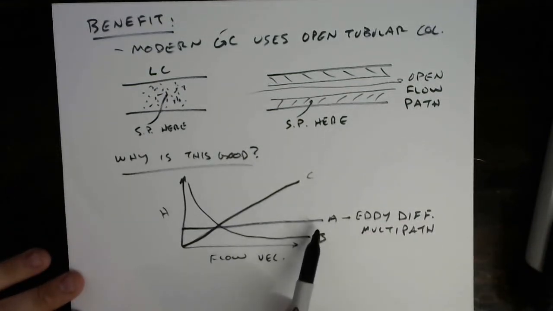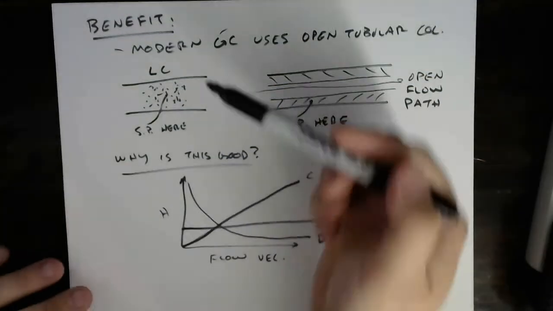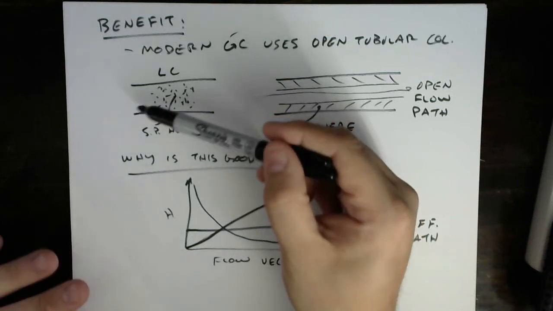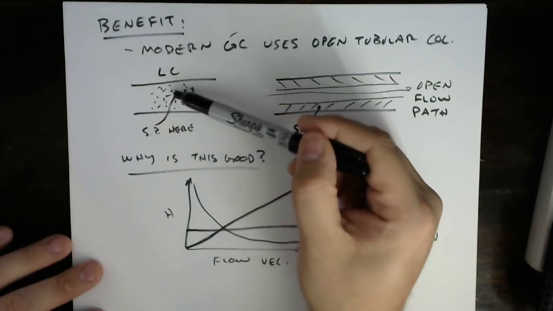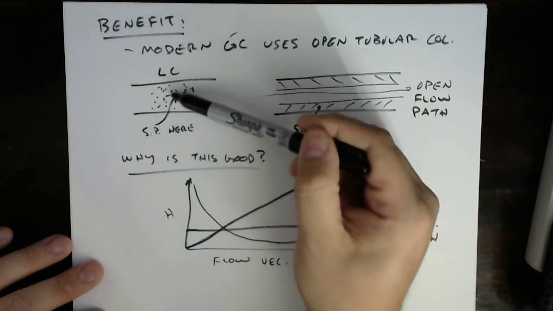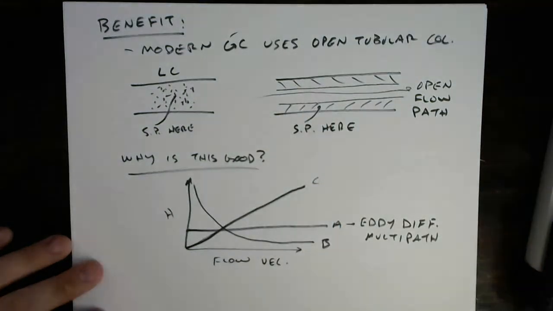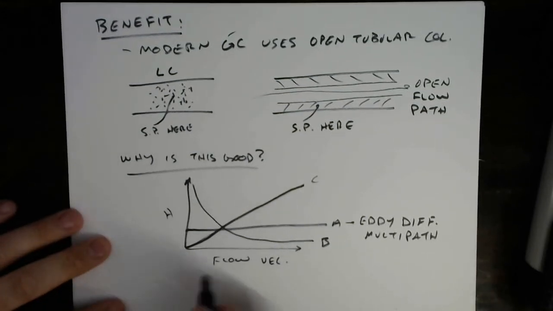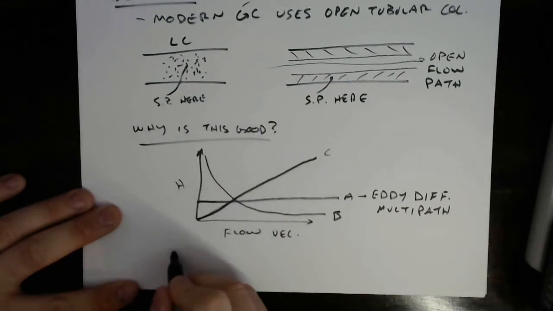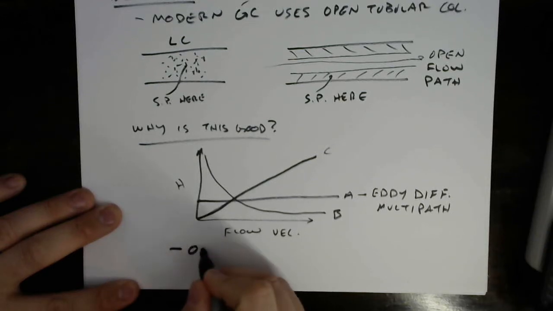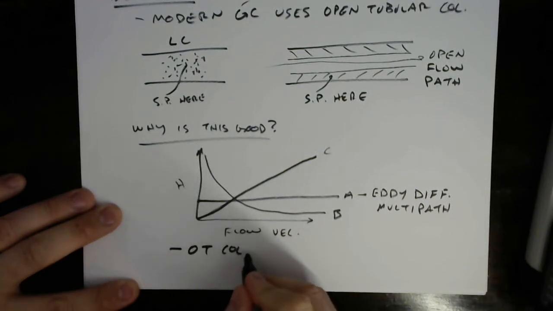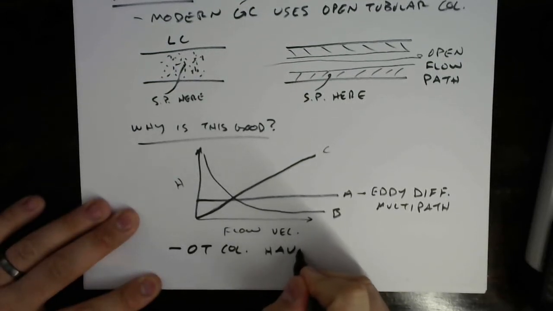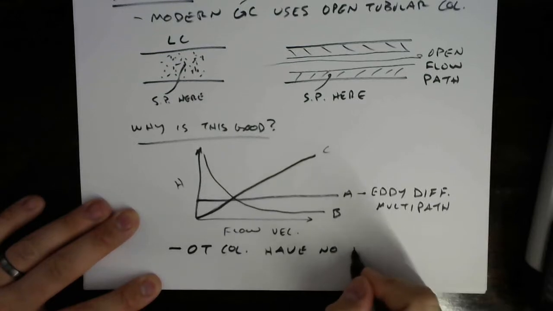The A term refers to the extra band broadening you get because, when you're going through a packed column, one molecule of identical composition could take a much straighter path than another one that ends up winding just by random diffusion around many particles. So the beauty is that open tubular columns, we'll abbreviate this OT columns, have no A term.